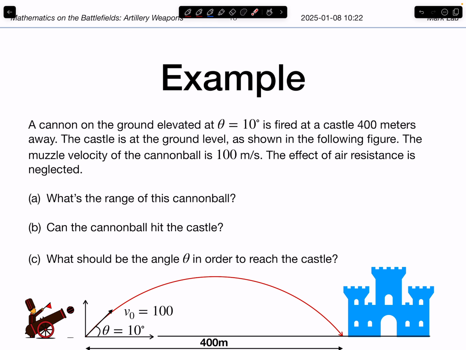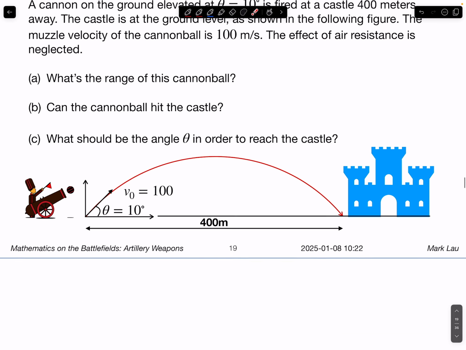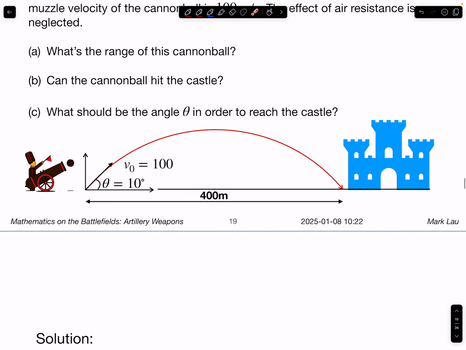A cannonball elevated at an angle is fired at a castle 400 meters apart. The castle is at the ground level as shown in the following figure. The muzzle velocity of the cannonball is 100 meters per second. Air resistance is neglected. What's the range?